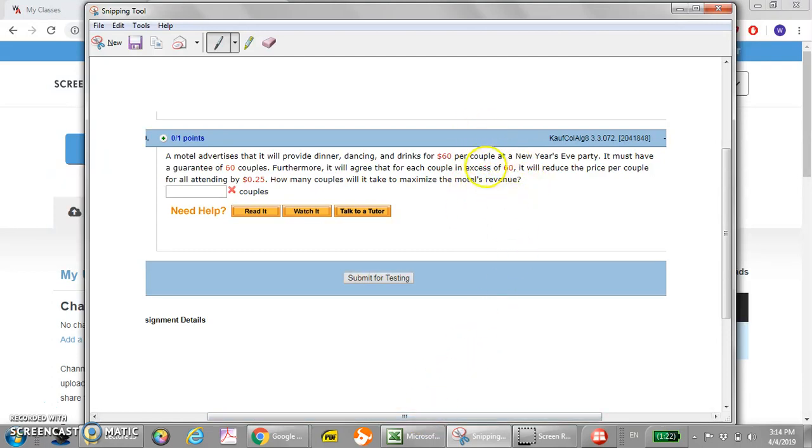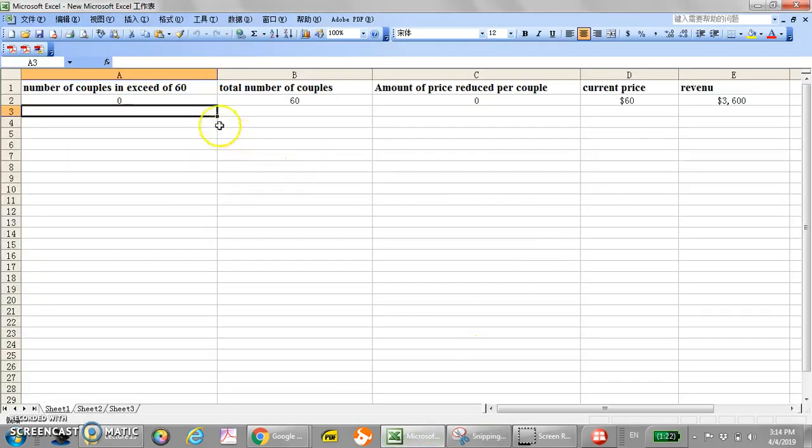So to think about this problem, we can use this table. If there are 60 couples attending this dinner, then because the number of couples in excess of 60 is 0, no one will get a discount.